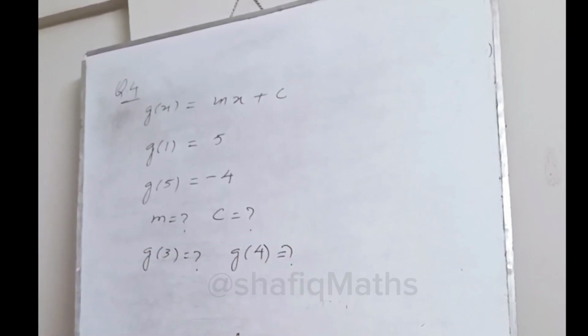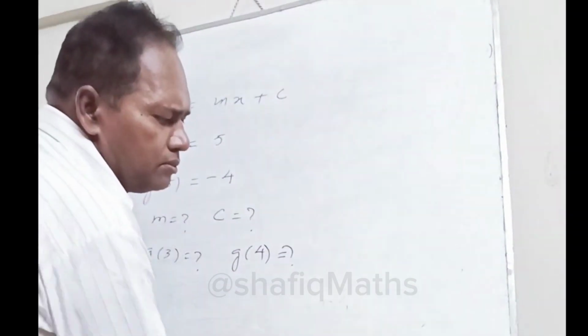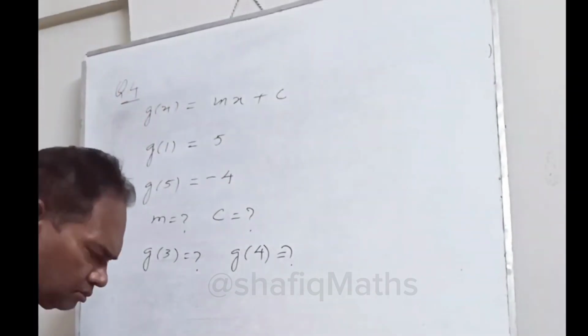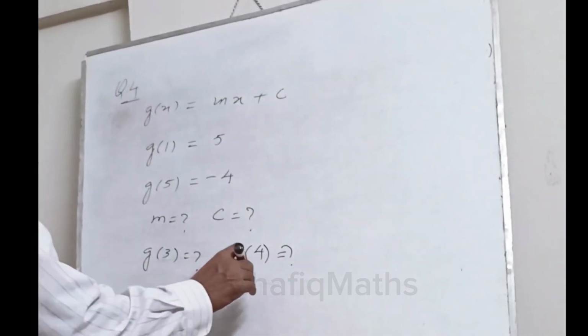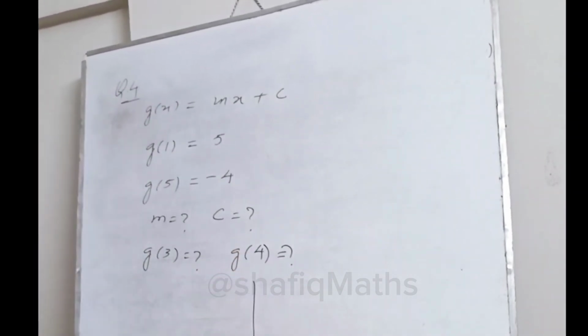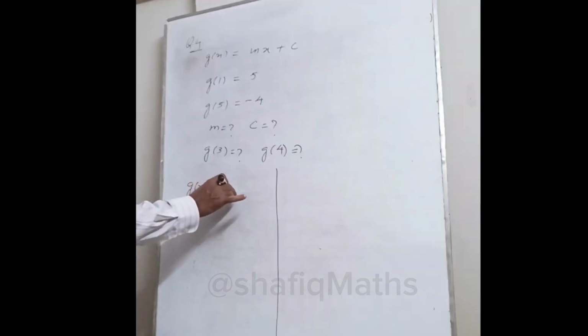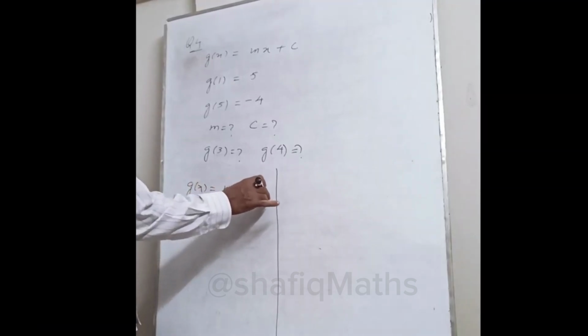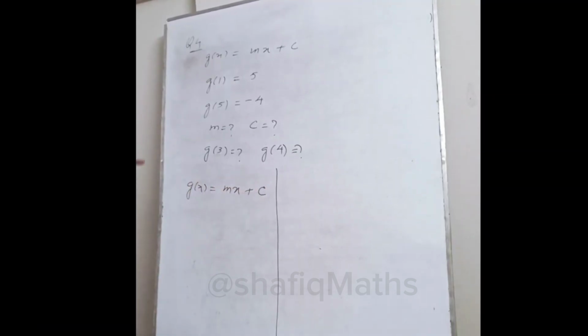So now coming to our question. g(x) is given as g(x) = mx + c. Now we are substituting the value 1 in place of x in this expression.